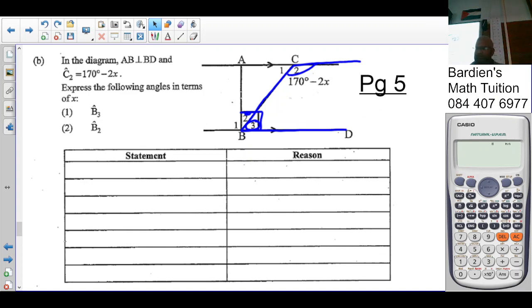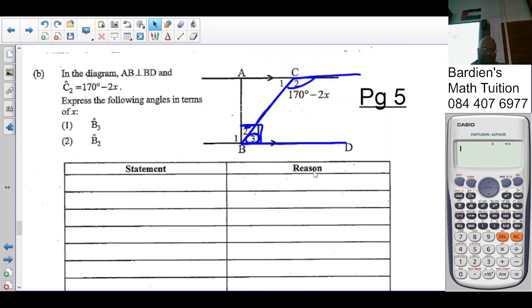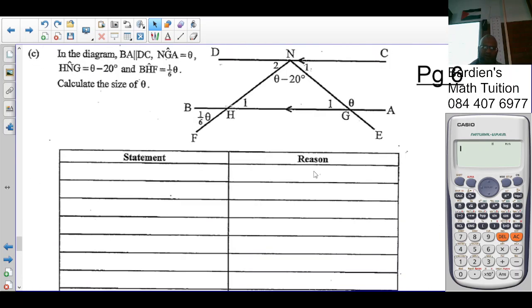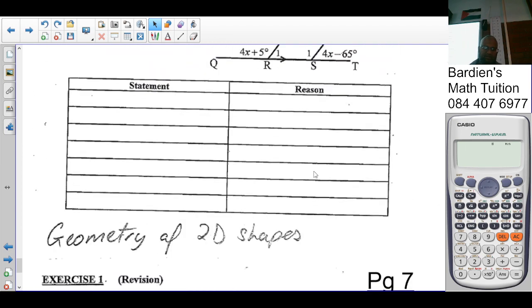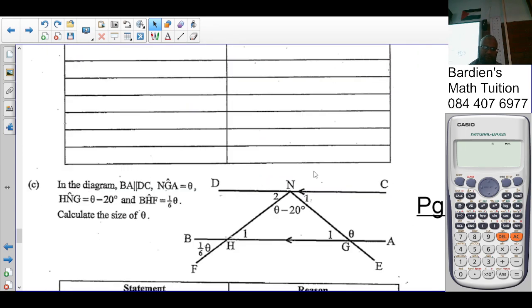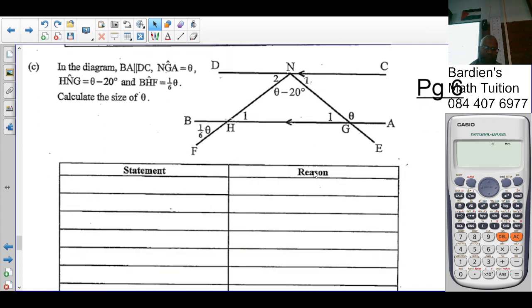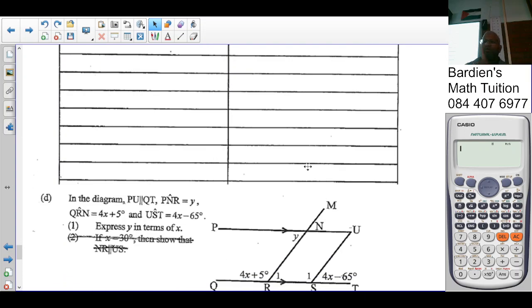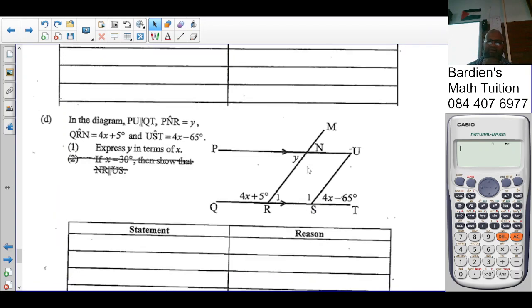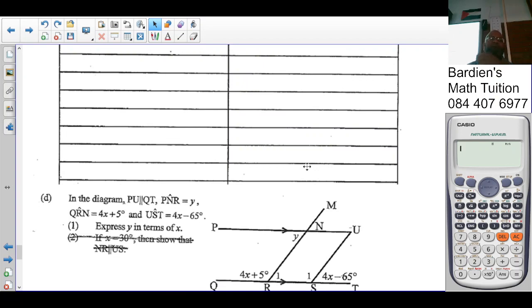Your homework. I think this is the second sum on page 5. For homework, on page 6, you do for me C. Only C, just do one. Some of you won't be able to do it. Some of you will. But attempt it when it comes tomorrow.